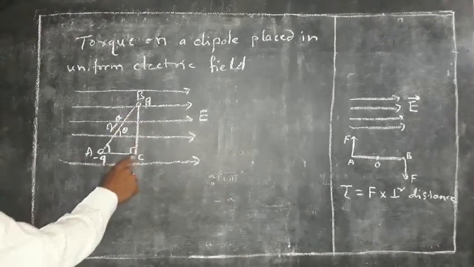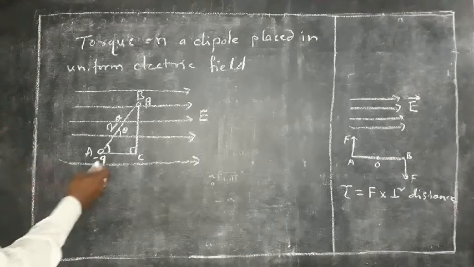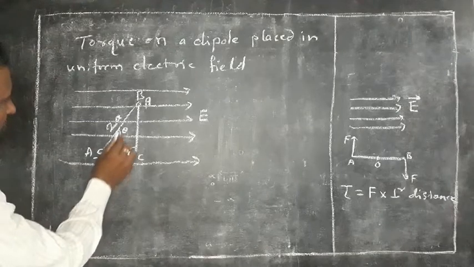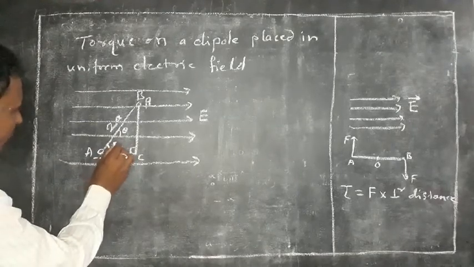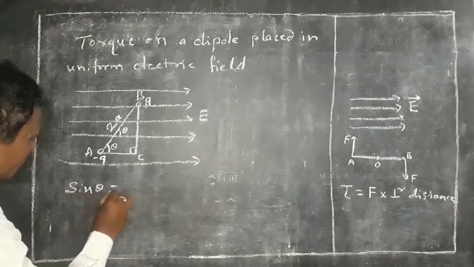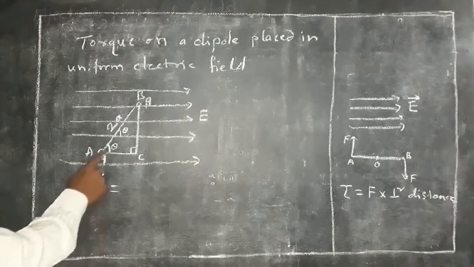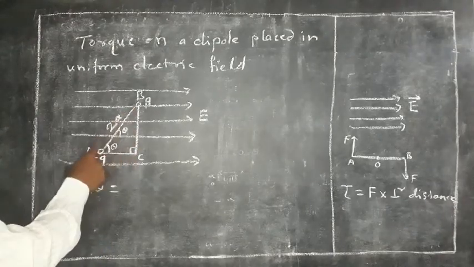Theta is the angle, therefore sin theta equals opposite upon hypotenuse.